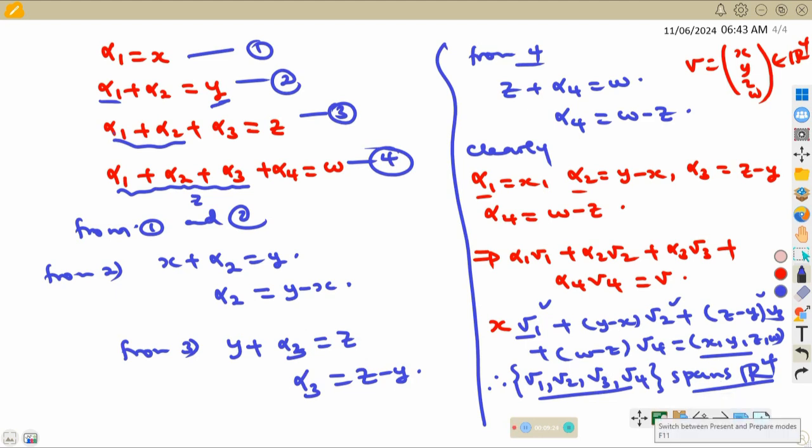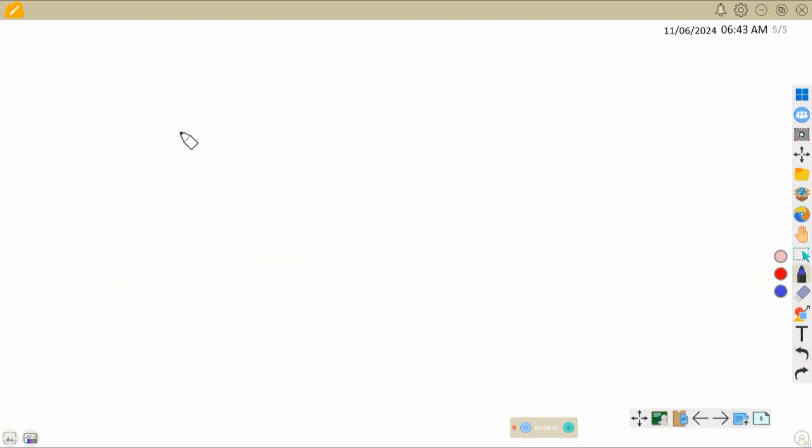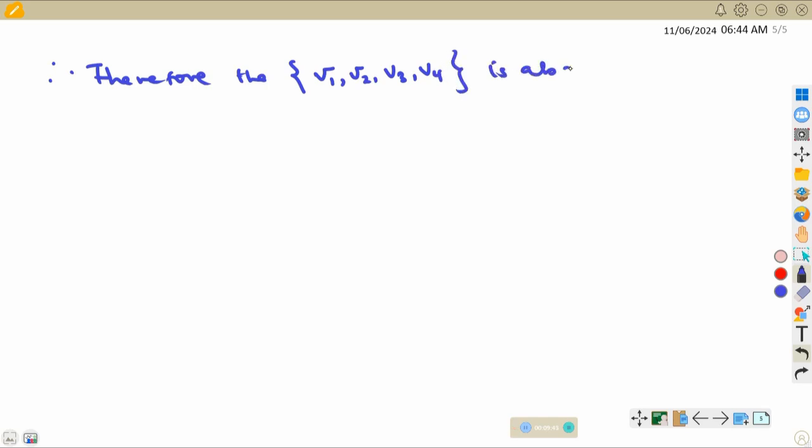So if that is the case, let us give the general conclusion that the set containing v1, v2, v3, and v4 is a basis of R to power 4, because it has satisfied both conditions for any given set to be a basis of R4.